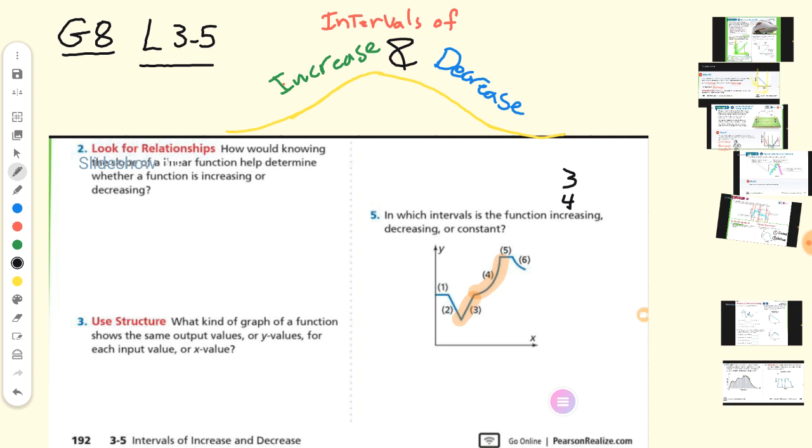Decreasing 1, and also interval 2 and interval 6. So it's 2 and 6. What about the constant? I have one only, interval number 1, which is constant. This is the behavior of the function in each interval.